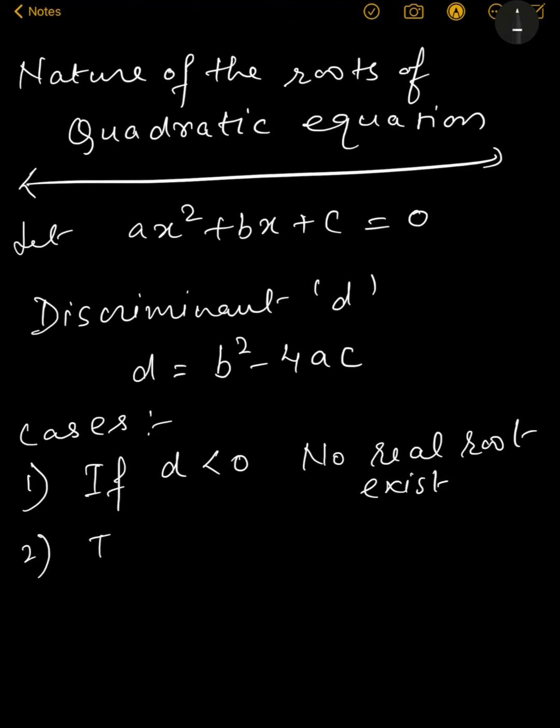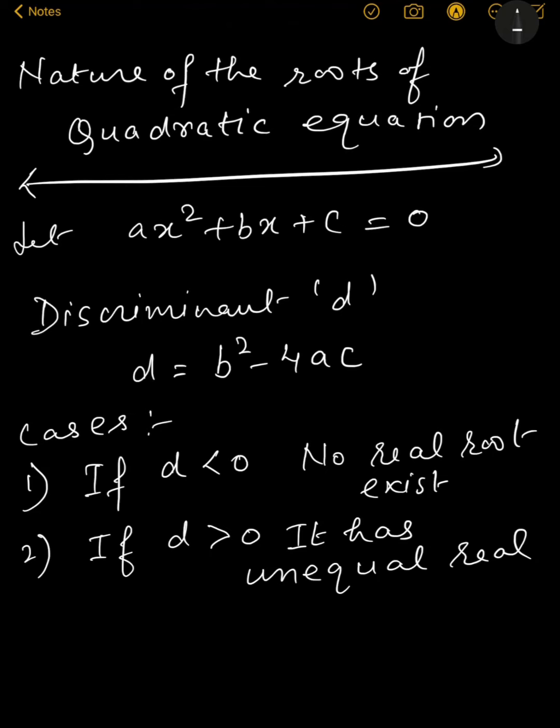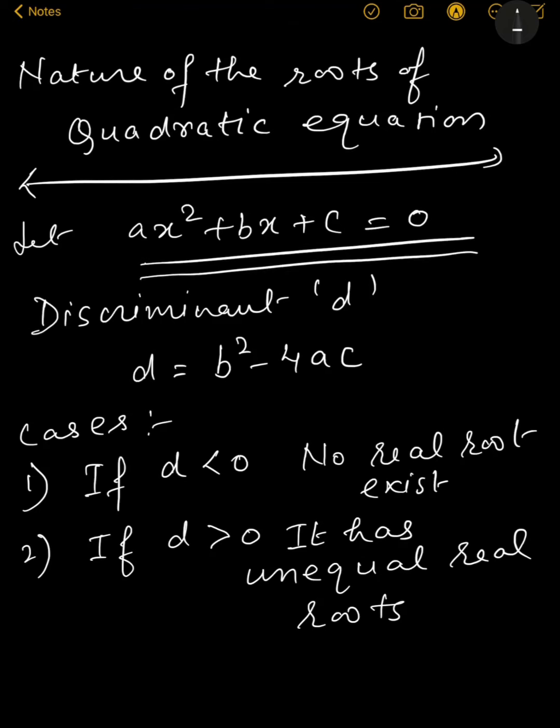Case number 2 is if D is strictly greater than 0, that means strictly positive, it has unequal real roots. That means in this case the solution of this quadratic equation will be two different values of x.